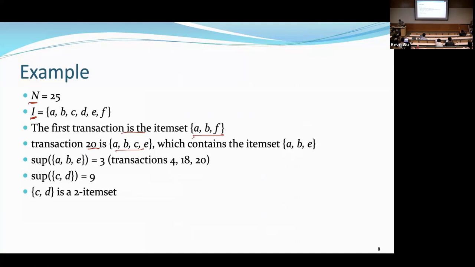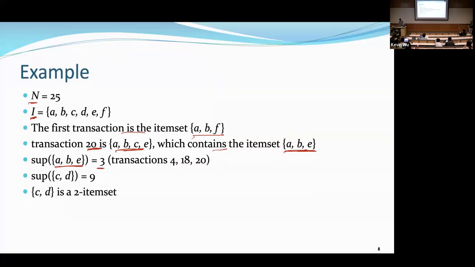We say that this transaction 20 contains the item set ABE because ABE is a subset of the transaction. Sometimes we also say that transaction 20 supports the item set ABE. That is also commonly used terminology. Now, if you consider the item set ABE, we can count the support of it from the data set, and we find that the support count of ABE is 3.